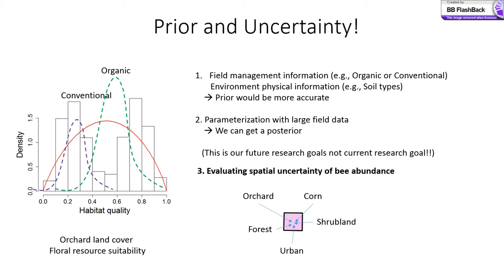The different surrounding landscape influences the bee abundance, and their uncertainty also affects the uncertainty in a certain place. So we would like to quantify it.